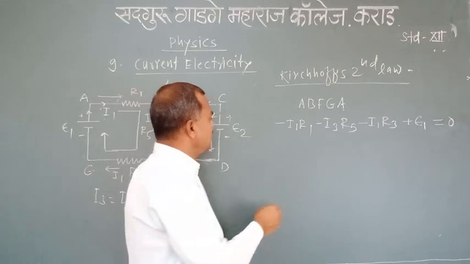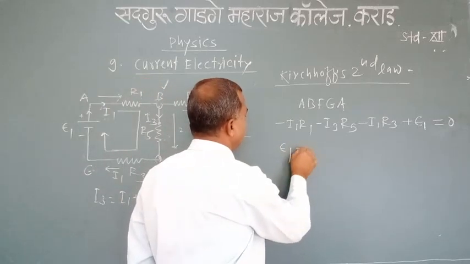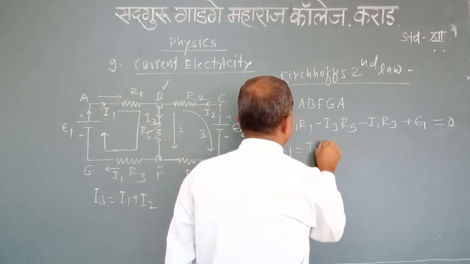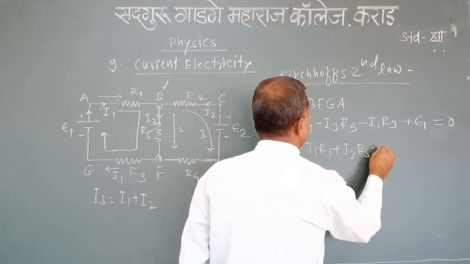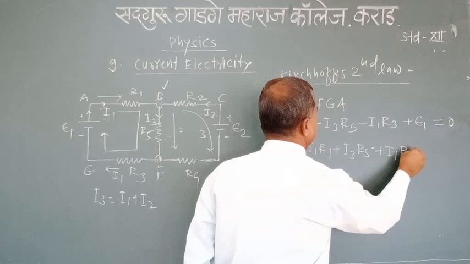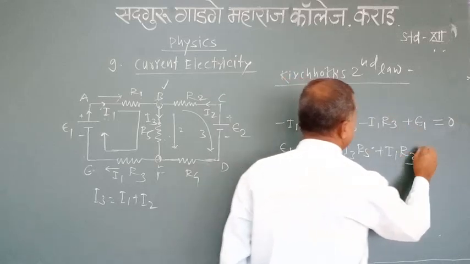This equation can be written like this: E1 equals I1 R1 plus I3 R5 plus I1 R3. Suppose this is equation number 1.